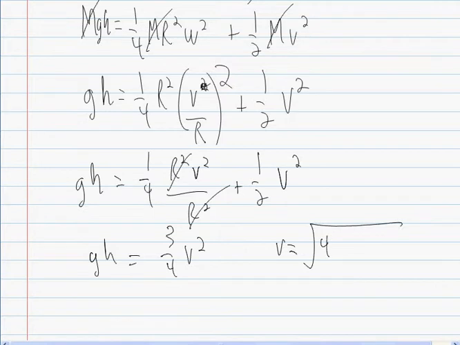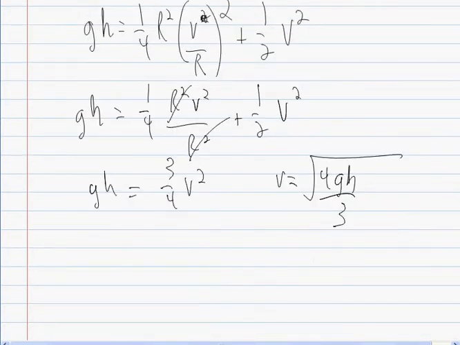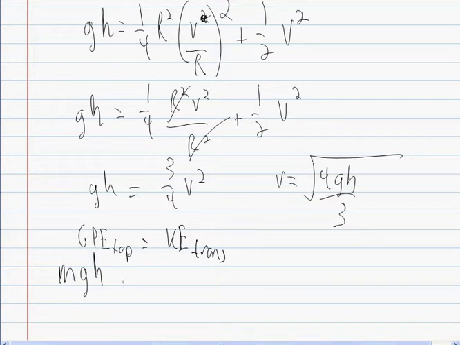Now, I want to compare that to what we get if it just slid down the hill. If it just slid down the hill, remember we'd have the GPE at the top, mgh, equals KE trans at the bottom. So we'd have that equals 1/2 mv squared. Those divide away. Square root of 2gh equals v.